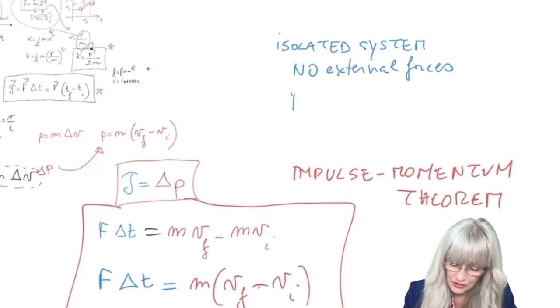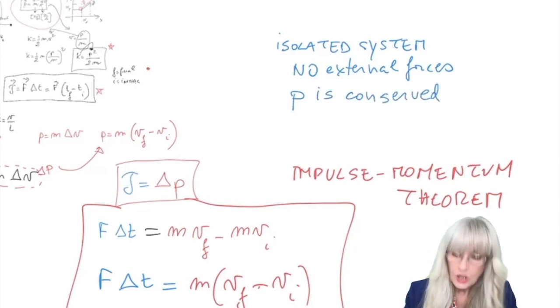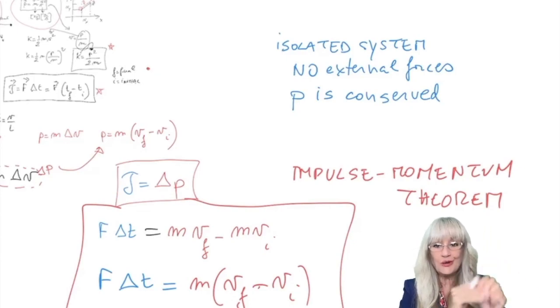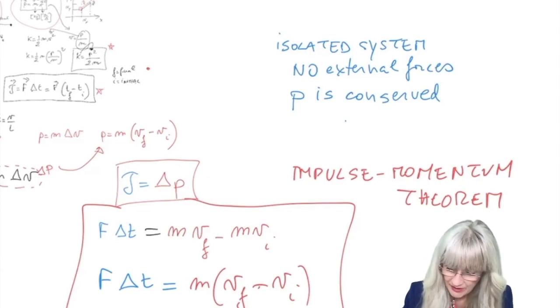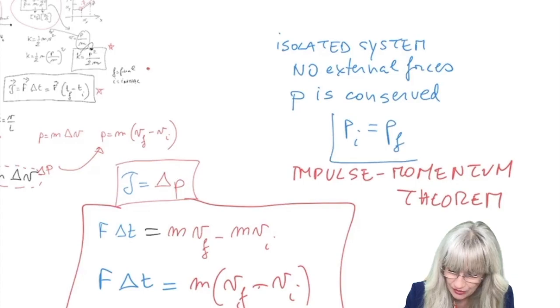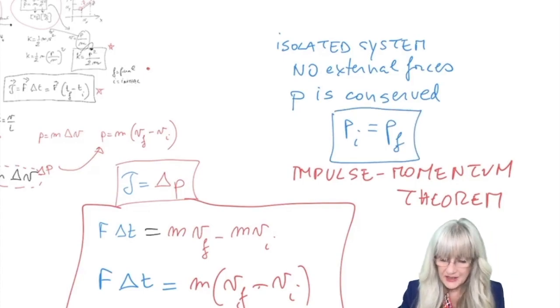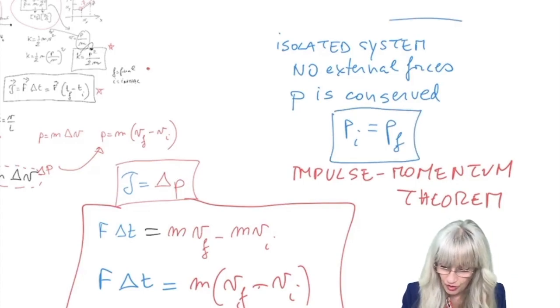It means that your momentum P is conserved. So the initial momentum will be equal to the final momentum. This is the conservation of momentum. Again, P initial equals P final.